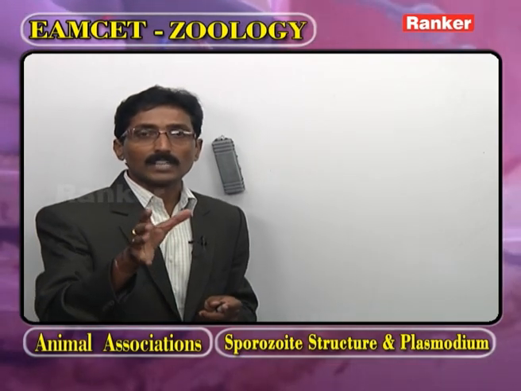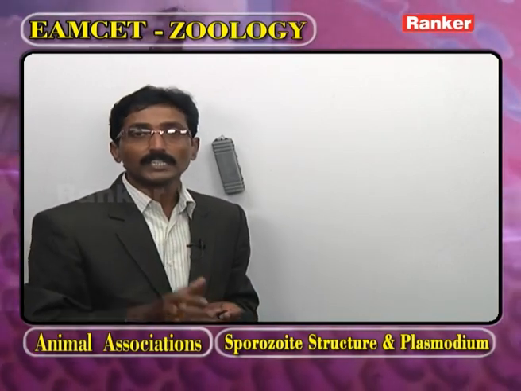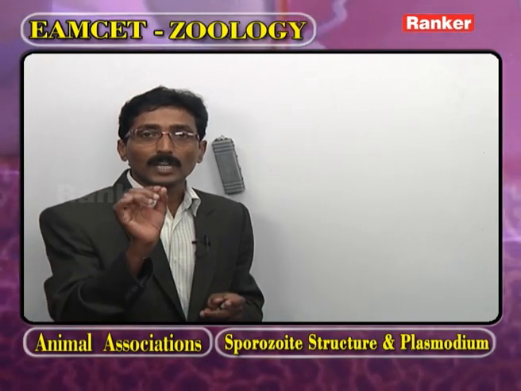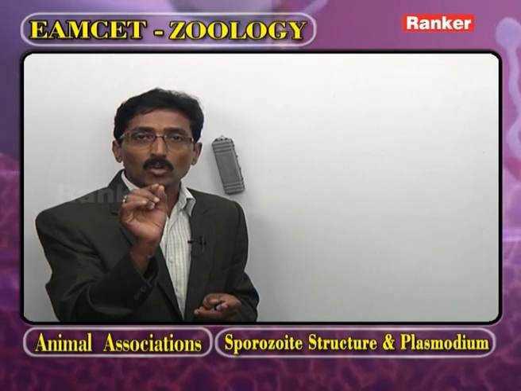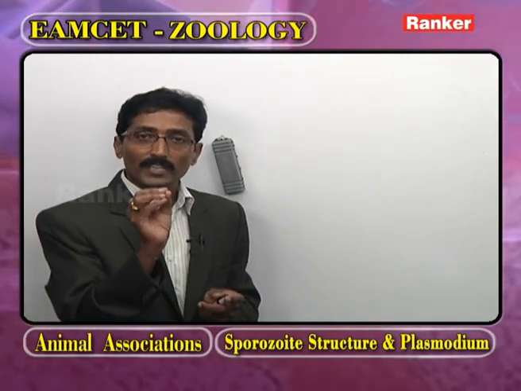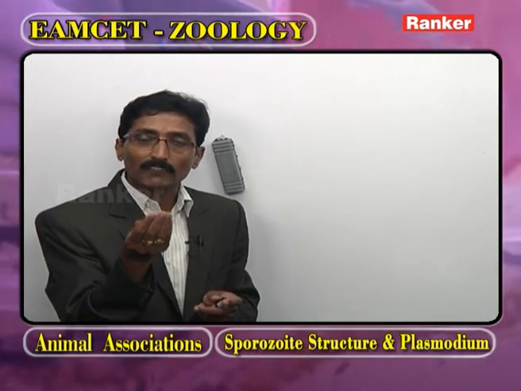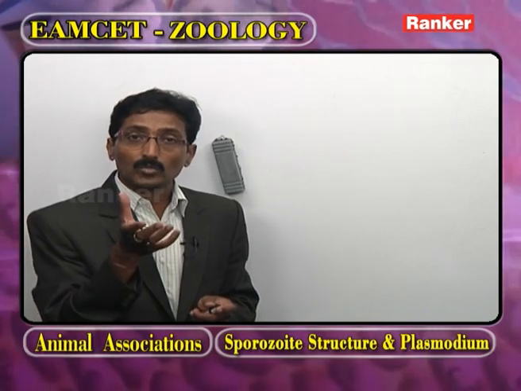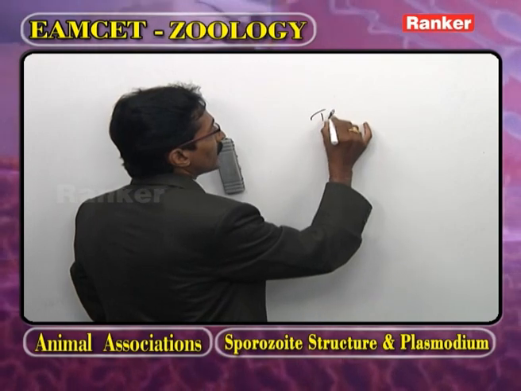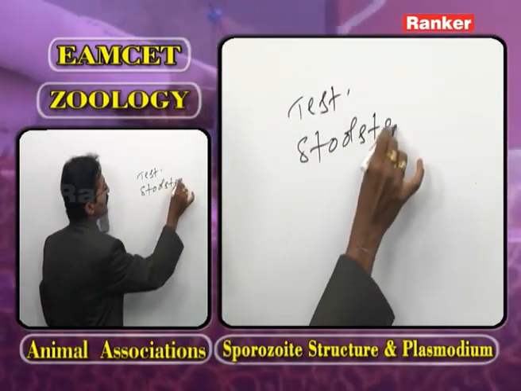The doctor asked the patient, what is your problem? The patient explains, I have been suffering from blood motions. In the motion I am getting blood and mucus. Based on these characters, the doctor examines his fecal matter in order to identify Entamoeba histolytica. What type of test is conducted? We call it the stool test.